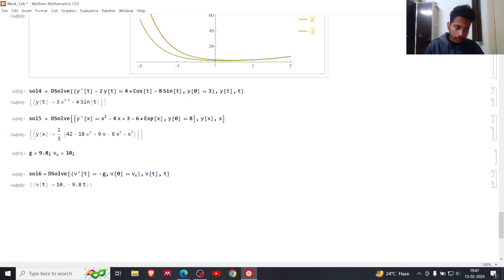So that's why the acceleration is minus g. So now the initial velocity is v, that is given by 10. So we have this solution for the velocity.